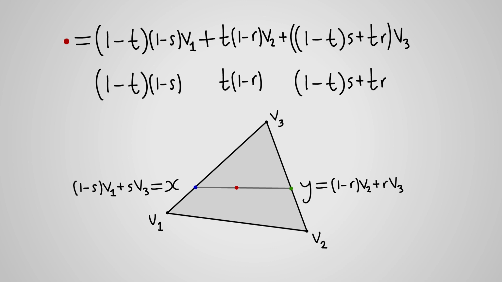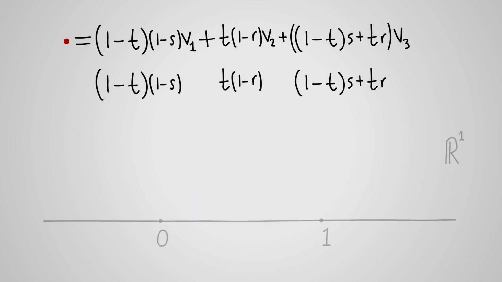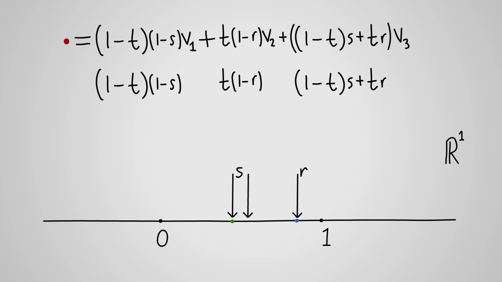As for the last coefficient, notice that this is of the form (1 minus t) times something plus t times something else. So it lies on the line segment in R1 between the numbers s and r. Since s and r are between 0 and 1, this implies that our third coefficient is between 0 and 1.